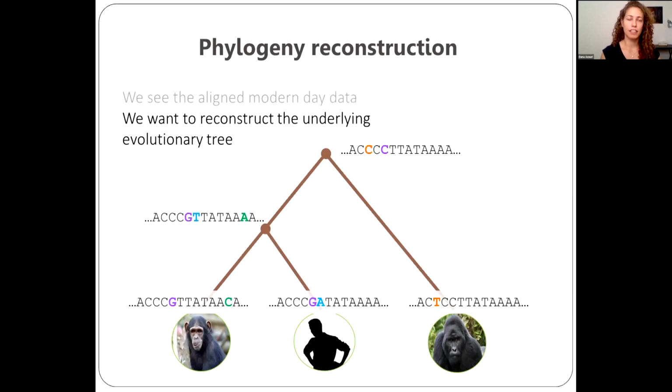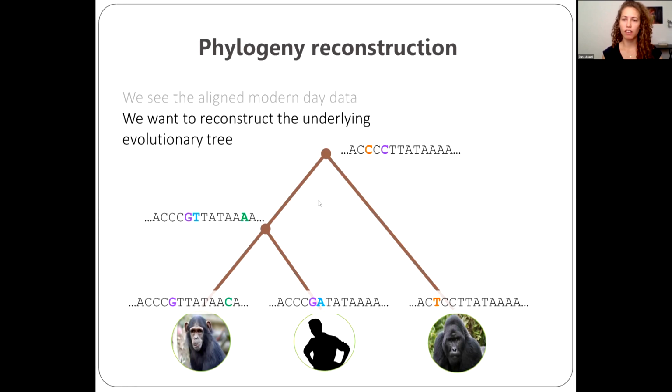Based on the sequence data we have, we produce a phylogenetic tree, which is our hypothesis regarding the evolutionary relations between the species. Here, for example, there are 3 species, and here is the inferred phylogeny for them. But how do we know that this is the tree for these species?